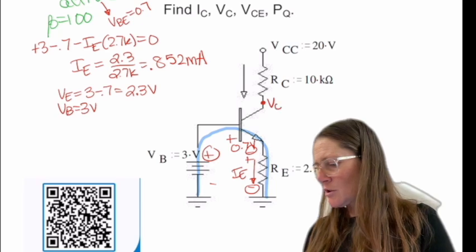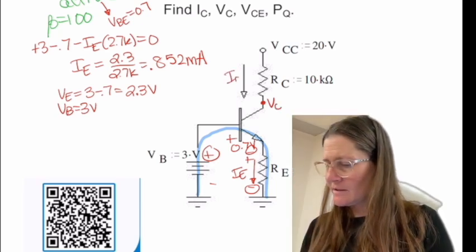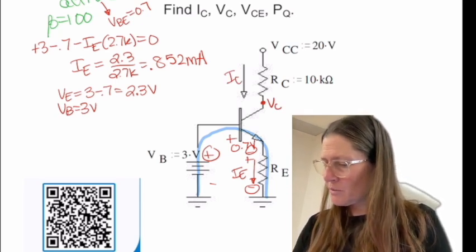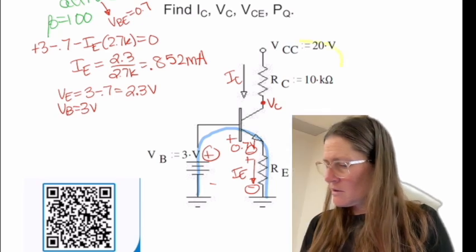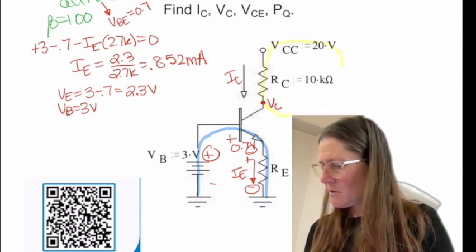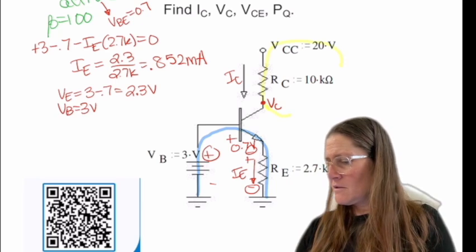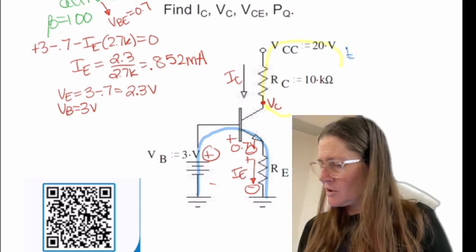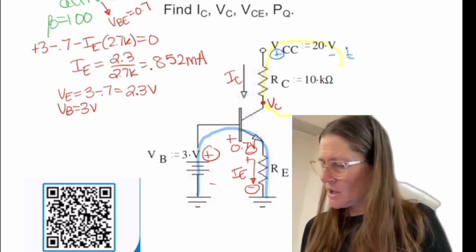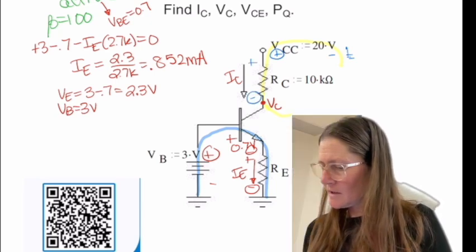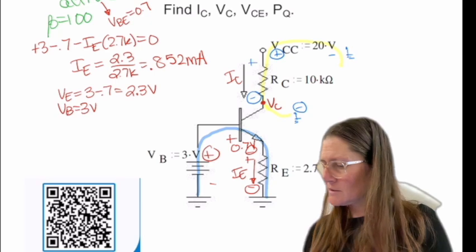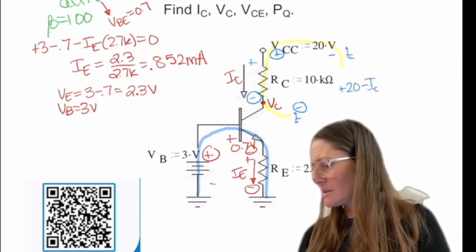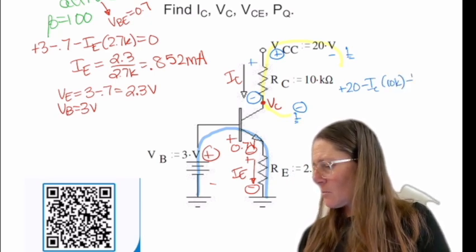And then we need to know VC and IC. So we can use a pathway here. This will be to ground, and then plus to minus, and again this goes to ground. So our loop is 20 minus IC times 10K minus VC.